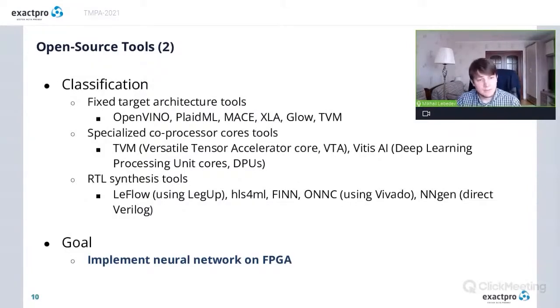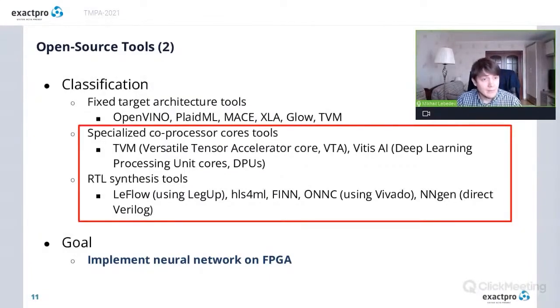And the last group consists of the tools that can synthesize RTL directly, or using some conventional high-level synthesis tools like LegUp or Vivado. So our goal here was to implement our neural network models on the FPGAs. So that's why we have chosen the tools from the second and the third group.